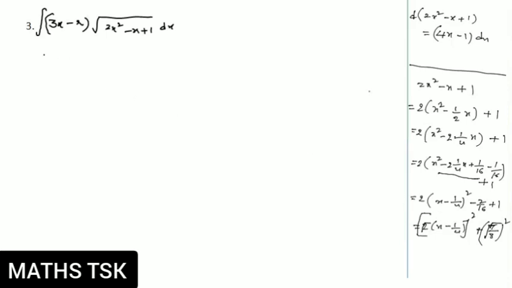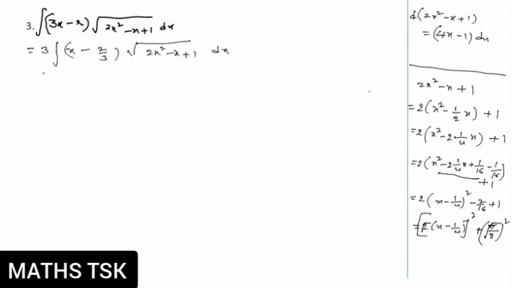So now come for the integration. This can be written as integration of 3, I take common 3, x minus 2 by 3 into root of 2x square minus x plus 1 into dx.